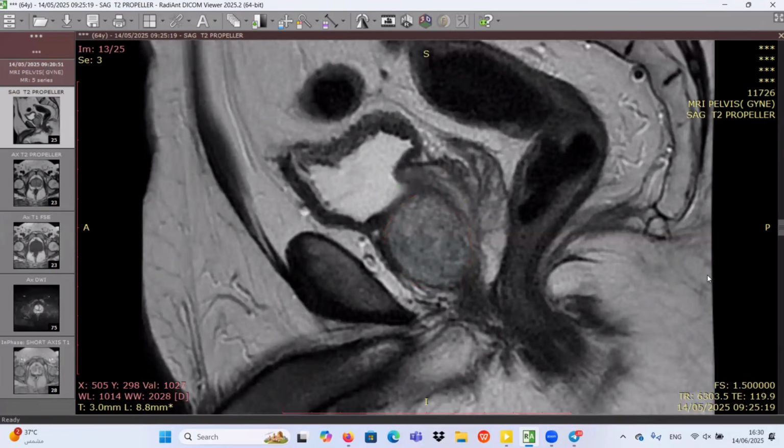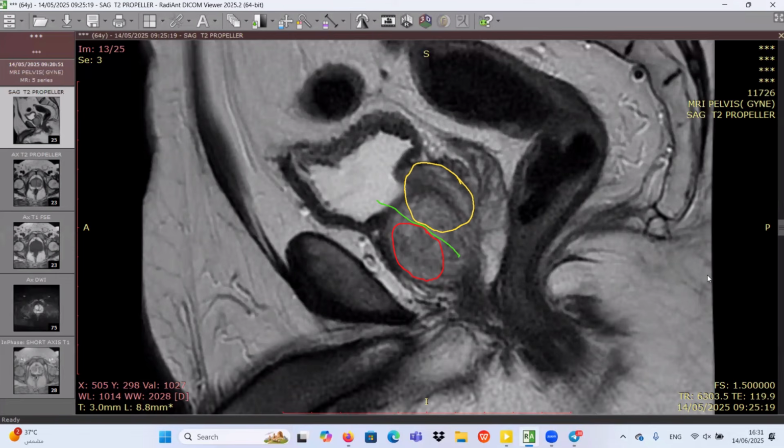On the other hand, if we have marked hypertrophy of the central zone and slightly hypertrophied transitional zone, and the prostatic urethra is pushed anteriorly, this type is called the central type of benign prostatic hyperplasia.